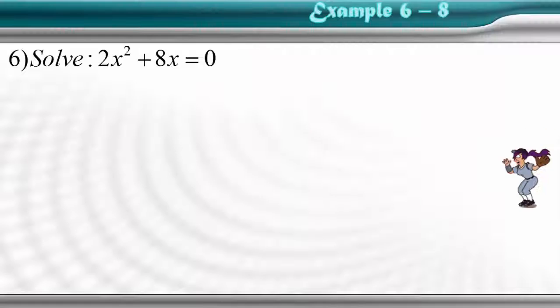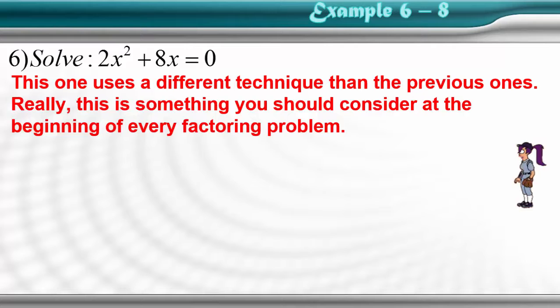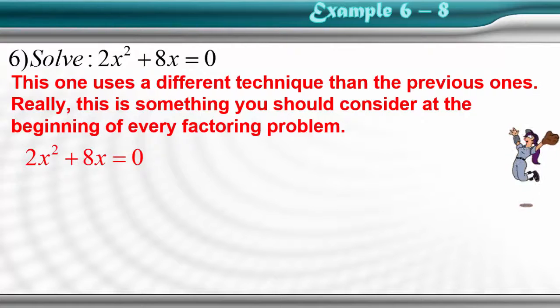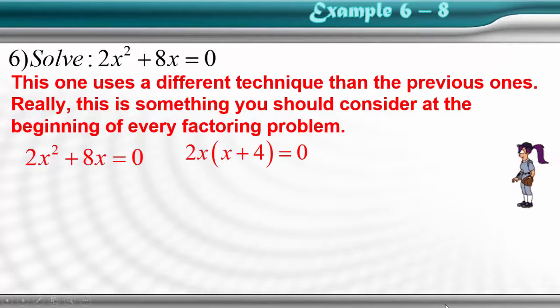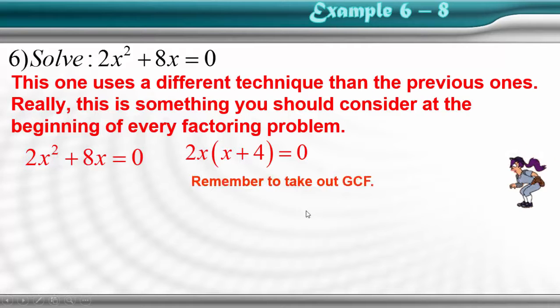Let us review on the whiteboard what we did in example number 6. This one uses a different technique than the previous one. Really, this is something you should consider at the beginning of every factoring problem. So here we have 2x squared plus 8x is equal to 0. We can factor out 2x and we get 2x times x plus 4 is equal to 0.